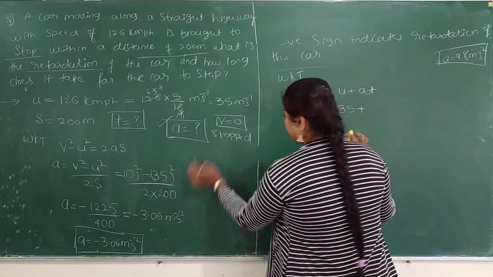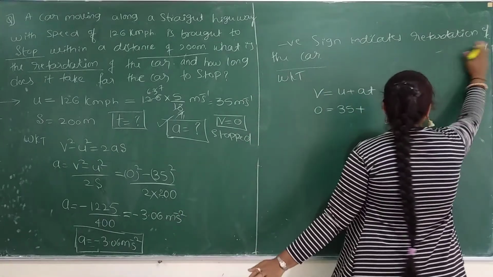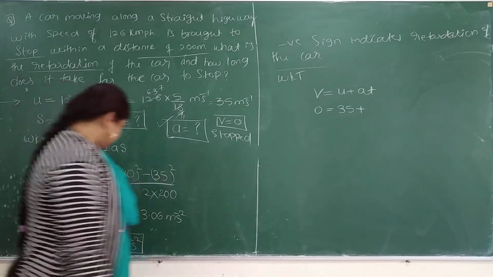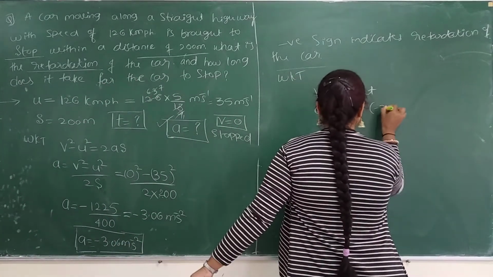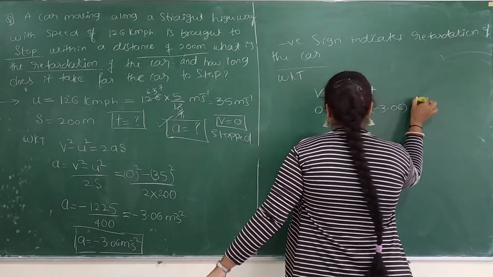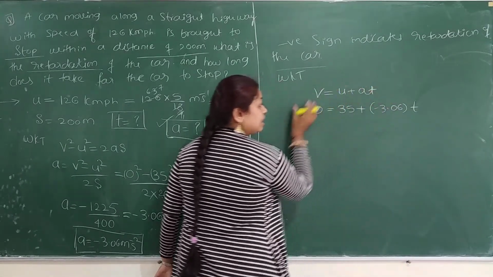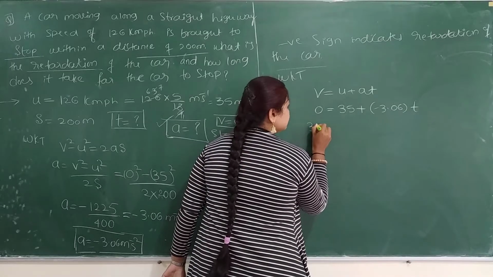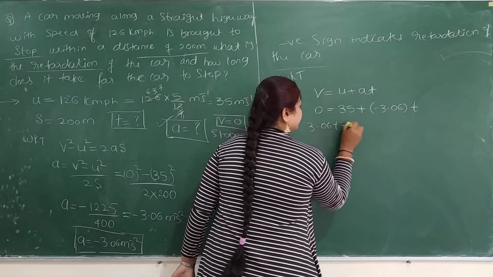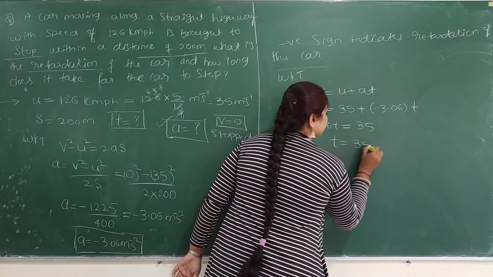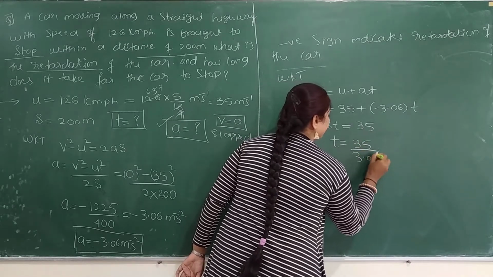Just take the retardation you have calculated, not this value, sorry. How much is it? Minus 3.06 into t. Take this minus to the left side and you will get plus 3.06 into t, which is equal to 35, and t is equal to 35 divided by 3.06.